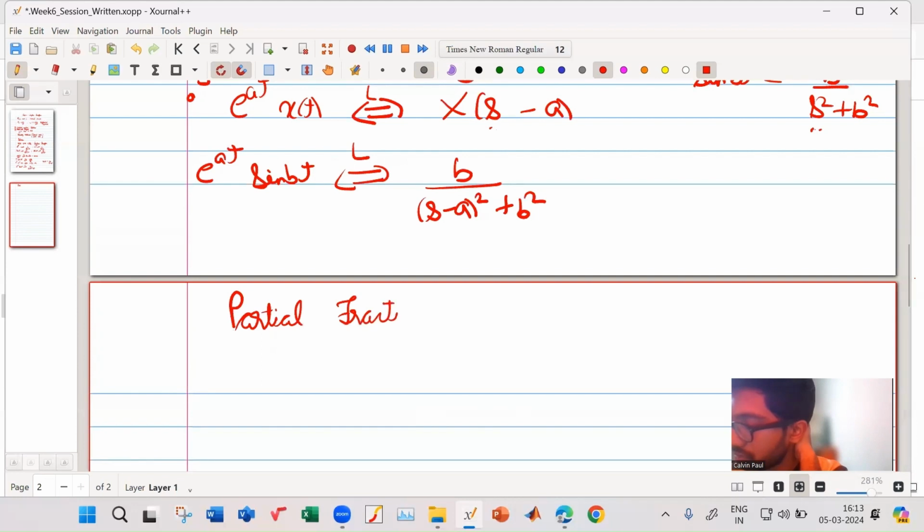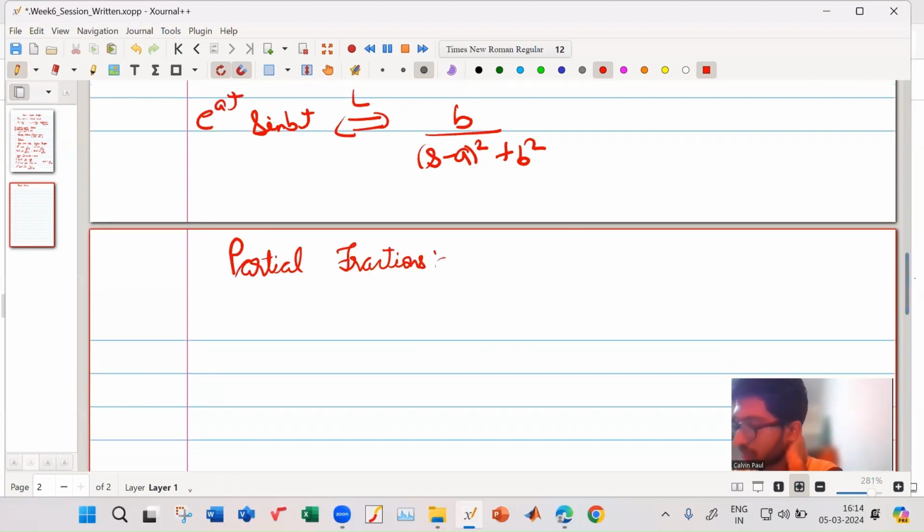By partial fractions, we can find the Laplace inverse. It is an easy step to get the Laplace inverse. Partial fractions are very useful because when we are finding the Laplace inverse, we want them to be in one particular form, which is easy for us to take the Laplace inverse.